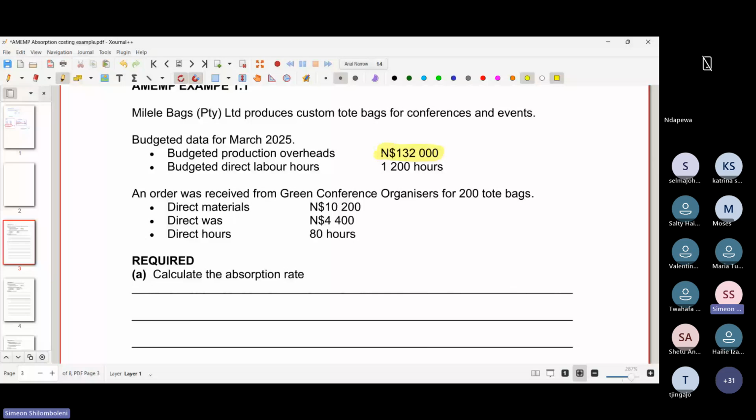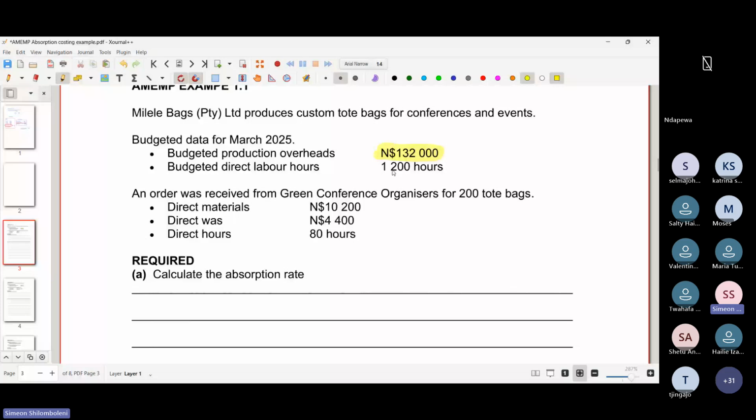It's all the indirect costs for March only. And then in March, they think that their employees are going to spend 1,200 hours making these bags. This is now the total number of hours for all your employees. If you have 5 employees, then you have 5 employees times 8 times the number of days in March. So in total, it's going to be 1,200.